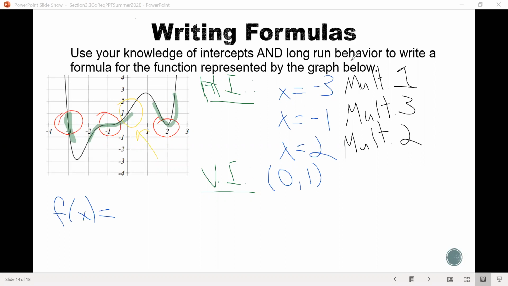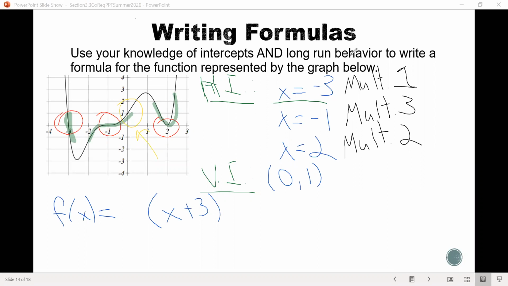We'll start by using our horizontal intercepts to write the equation. For example, we know that x equals -3 is a horizontal intercept of the function. Thinking about what we've learned earlier, that means there must be a factor in our equation that is x plus 3.